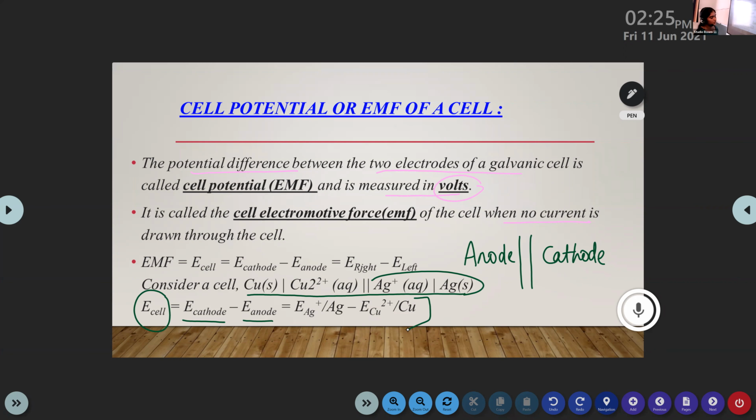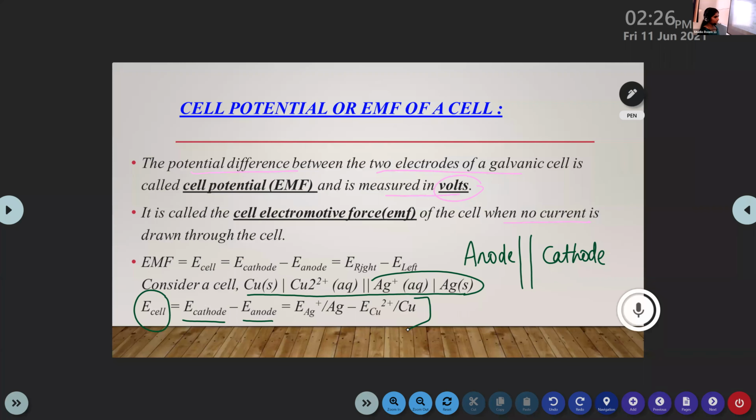Now, can you write the cell potential of a galvanic cell? Yes or no? This is another example. Copper and silver is here. In the case of the galvanic cell, zinc and copper. You know that.